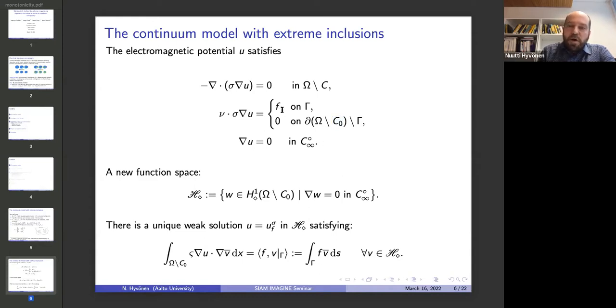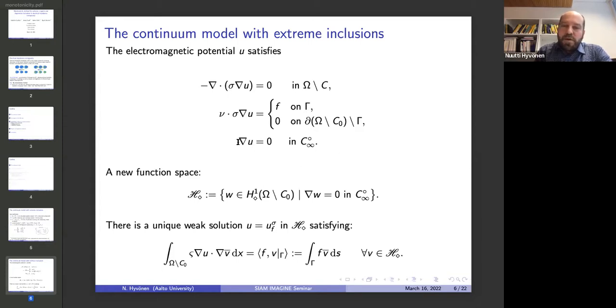And then on the boundary portion where I can control the current, there I have some F as input. So this is the boundary current that I'm actually controlling. And on the other parts, the boundary current is zero due to the insulating property of C naught, or the fact that I assume to not be able to control the boundary current in the complement of gamma in the exterior boundary.